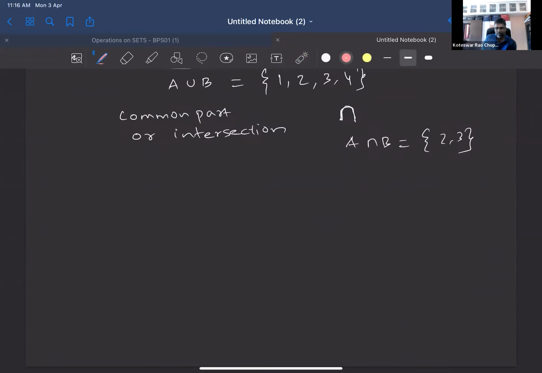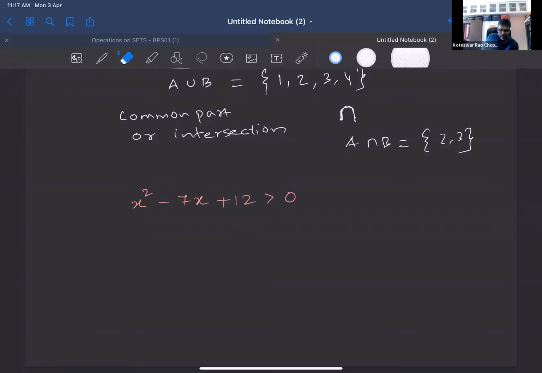Suppose I take another problem. Let's say x square minus 7x plus 12 is greater than 0. Now, how do I solve this? I'll try to solve it as if I don't have the inequality, I have equality.